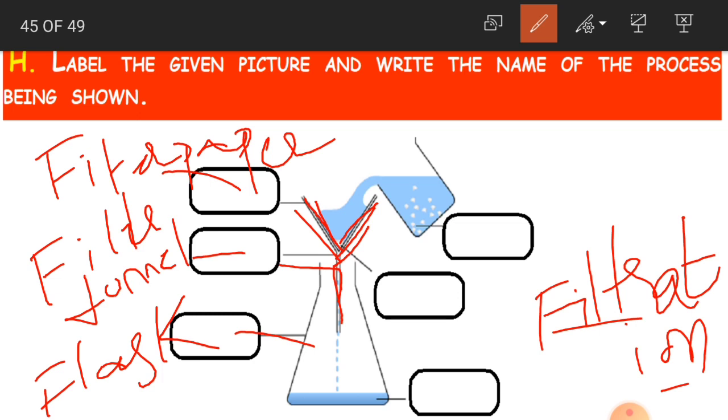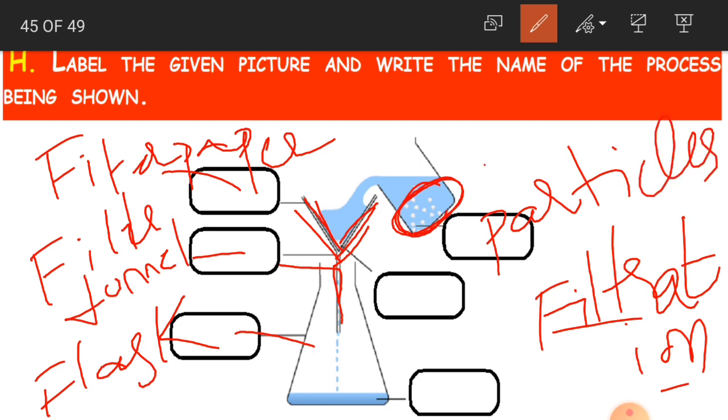And now what we are doing? We have taken water where some dust particles are present. See here, are you able to see those small white dots? They are nothing but some particles which are insoluble, something like chalk powder, or small particles of sand and all that.